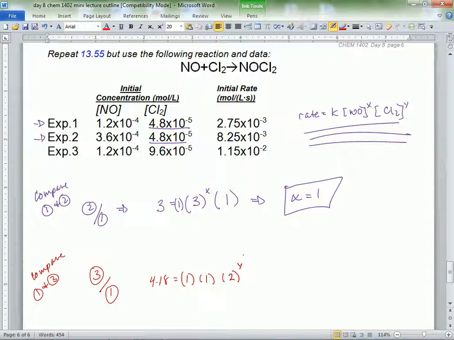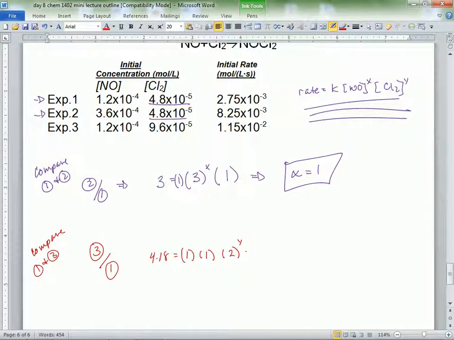Getting this to work. And go on and find a rate constant. See if you can get the rate constant for this after you get x and y.